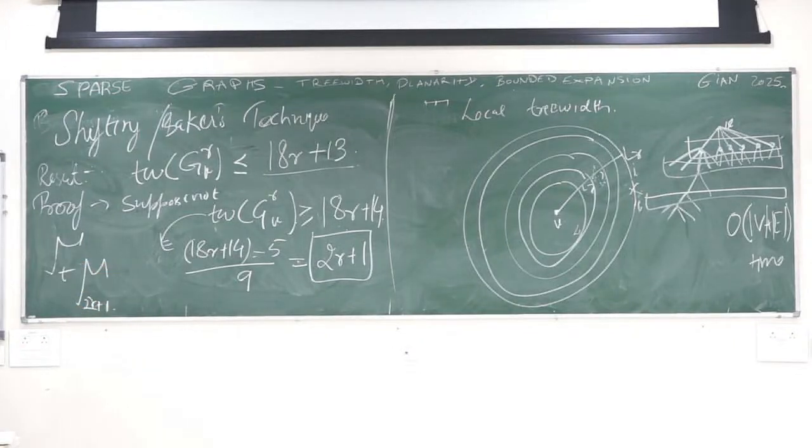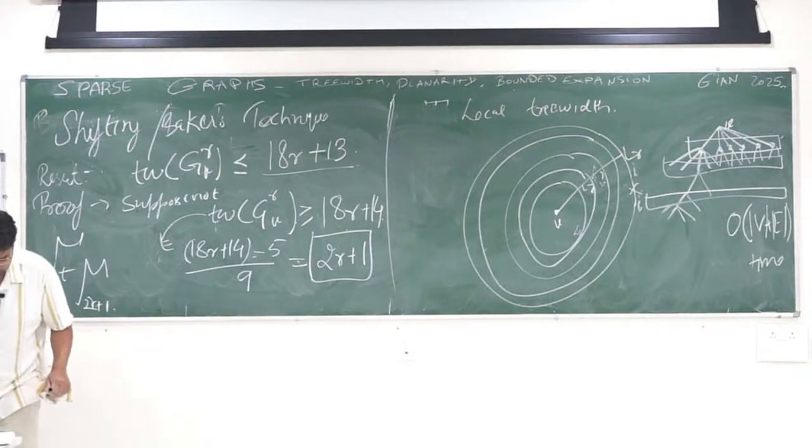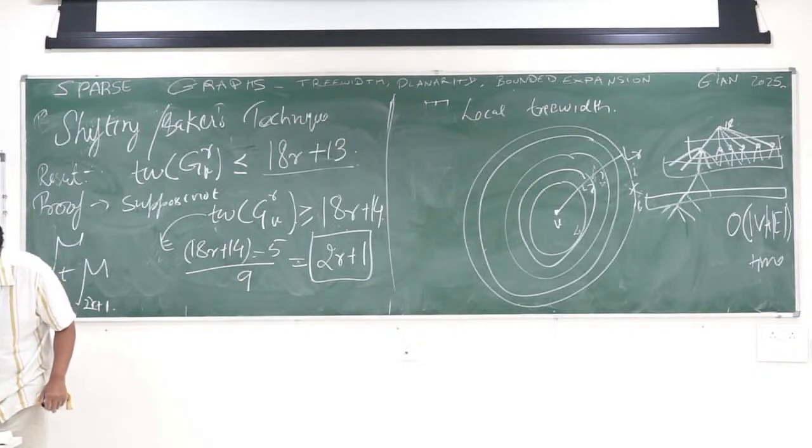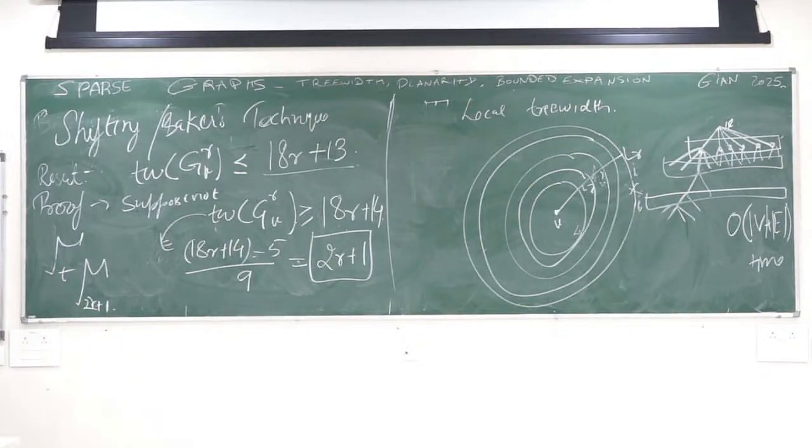Because if my treewidth is greater than or equal to 9t + 5, then my graph contains this as a contraction.